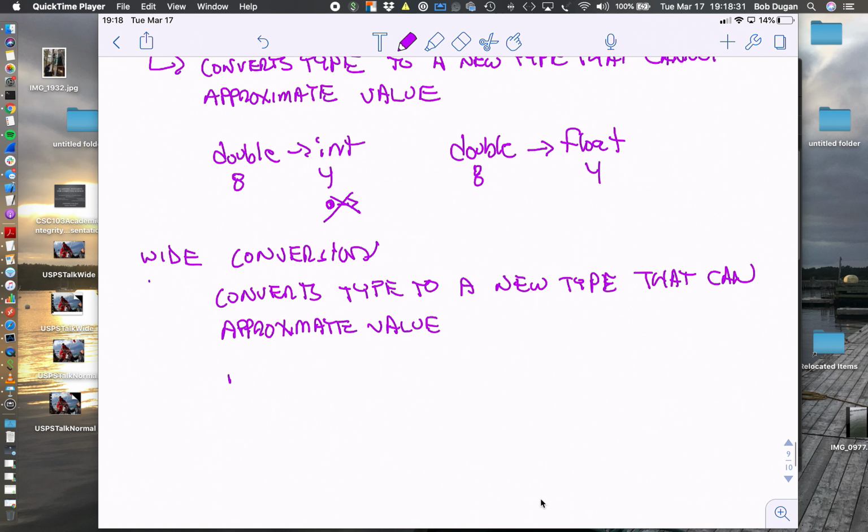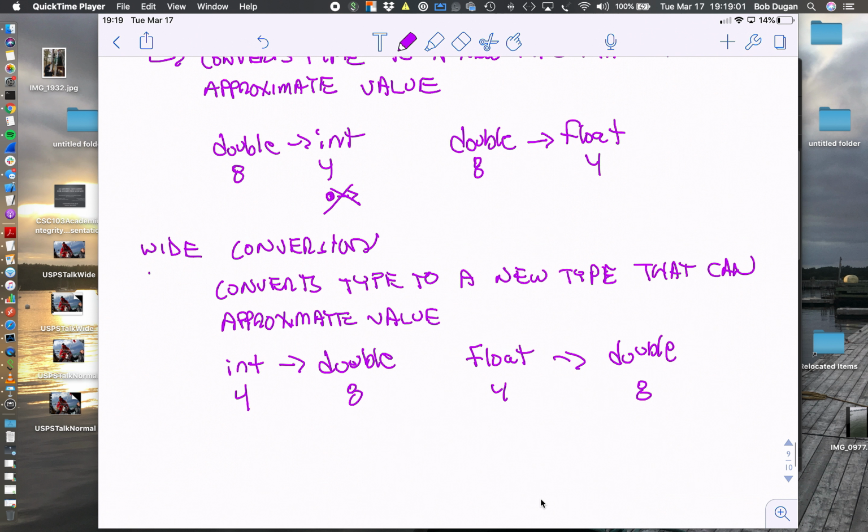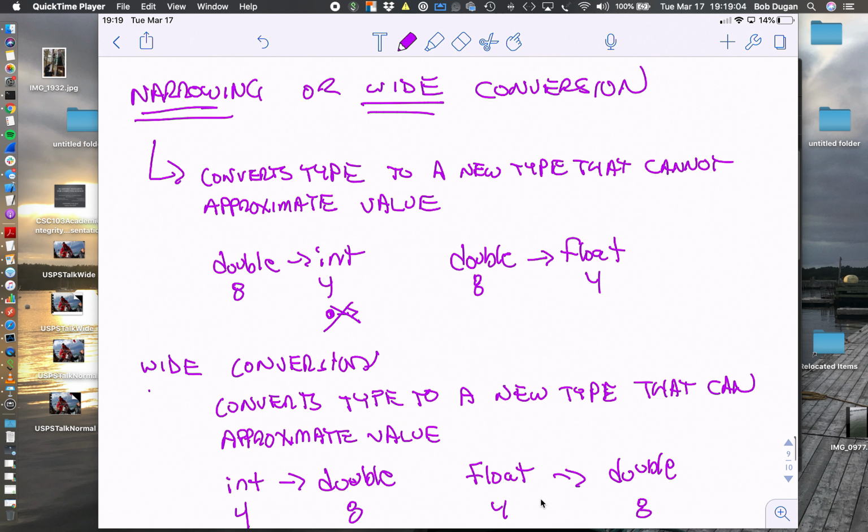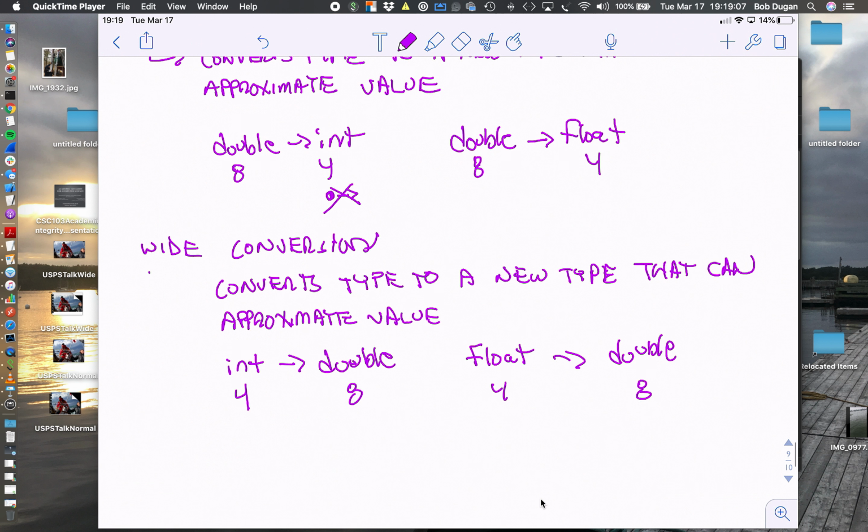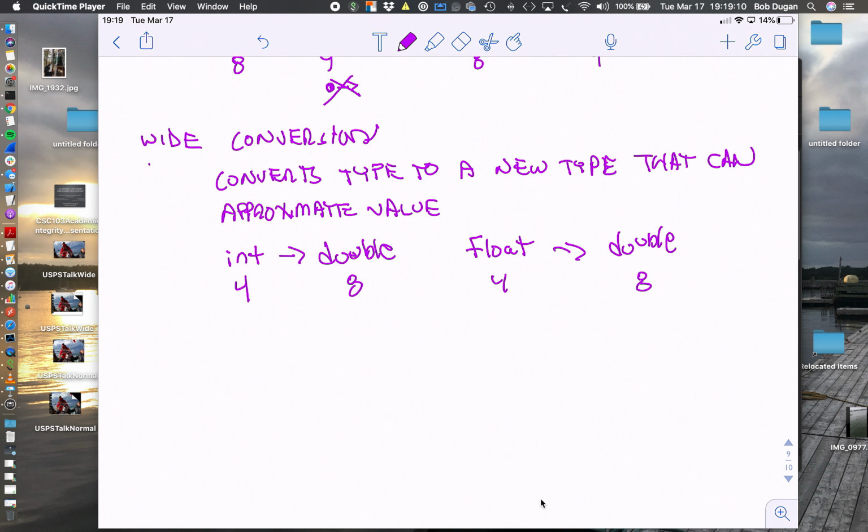So if we have an int and we want to go to a double, things are going to work out okay. An int is 4 bytes, a double is 8 bytes. Anything an int can represent, a double can represent with no problem. If we go from a float, which is 4 bytes, to a double, which is 8 bytes, we're going to be fine. We're not going to lose any data or information. That's another way to think about it. A narrowing conversion, you're typically going to lose some information. A wide conversion, you're not going to lose any information.